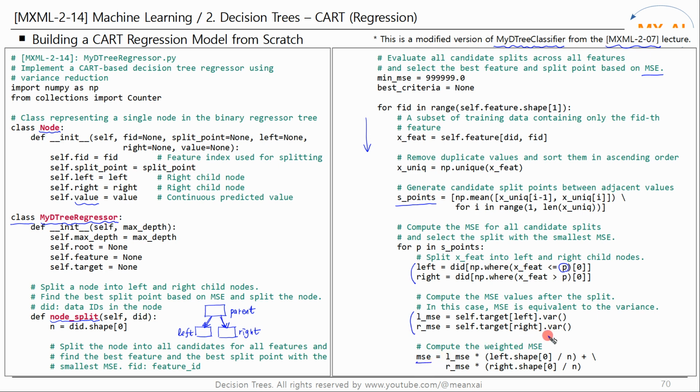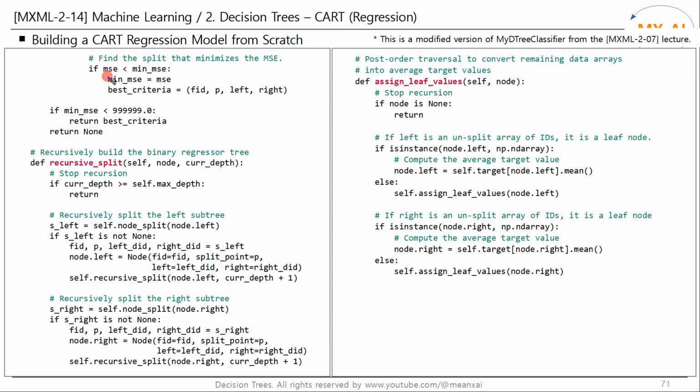As we discussed in the previous video, in regression trees, MSE is the same as variance. Among all candidate split points, we select the one with the smallest weighted MSE. Once the optimal split point is found, the parent node is split at that location. That is the role of the node split function.